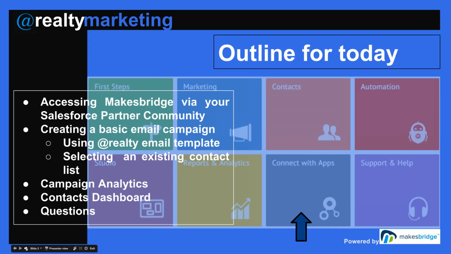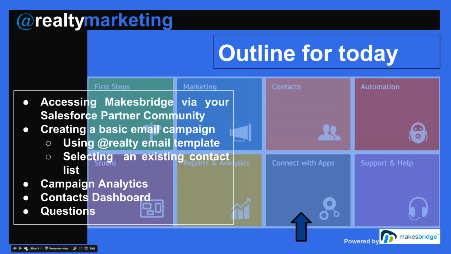Then we're going to briefly show you some campaign analytics, what things look like once you get a campaign sent out, and we're going to also go into some contact dashboard information. Makesbridge is a very powerful platform. It's not just an ESP that sends out email and gives you information on clickers and opens.